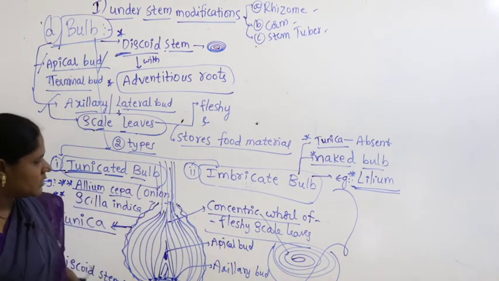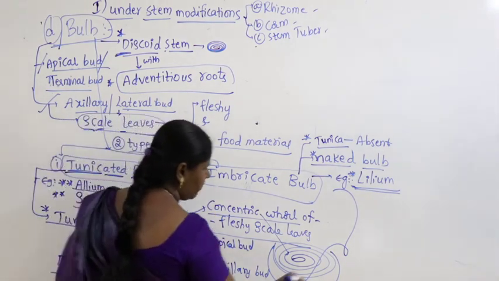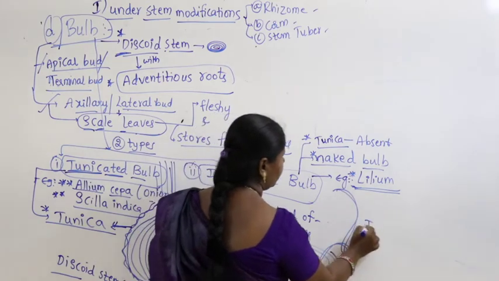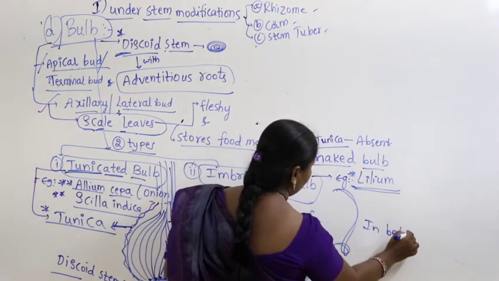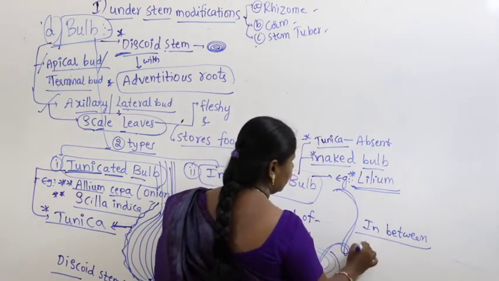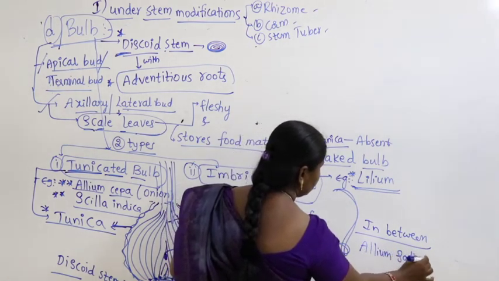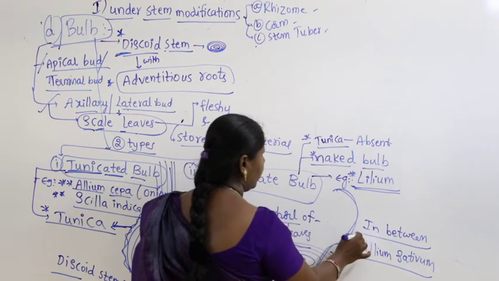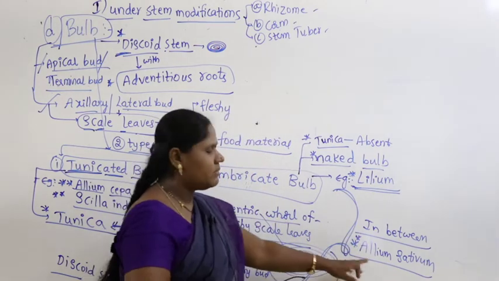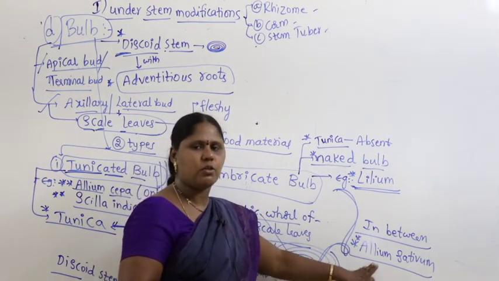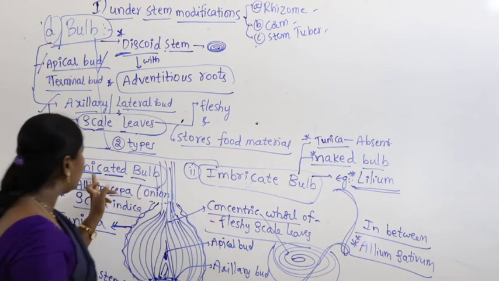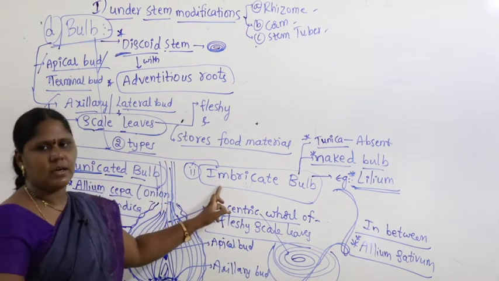In between, who is present? So I wrote a common arrow mark for both. In between, which one is present? Allium sativum. Allium sativum has the characteristics of both the tunicated bulb and the imbricate bulb.